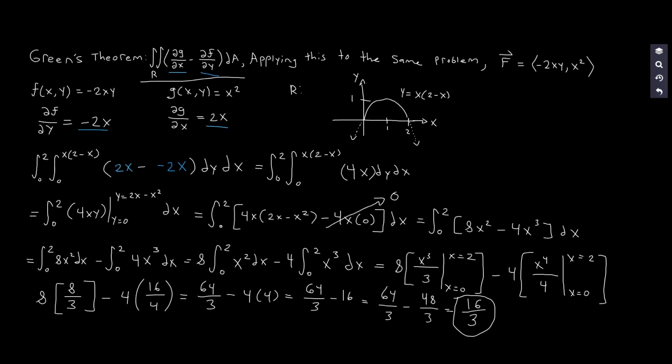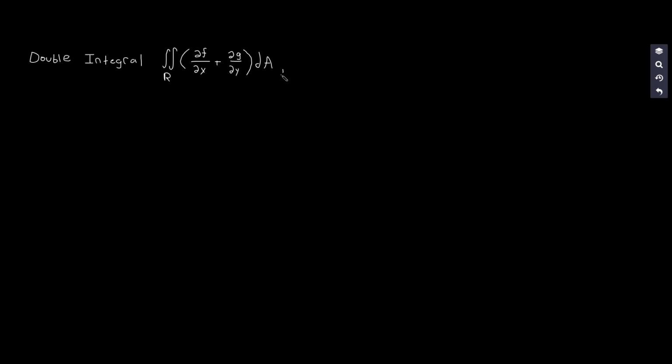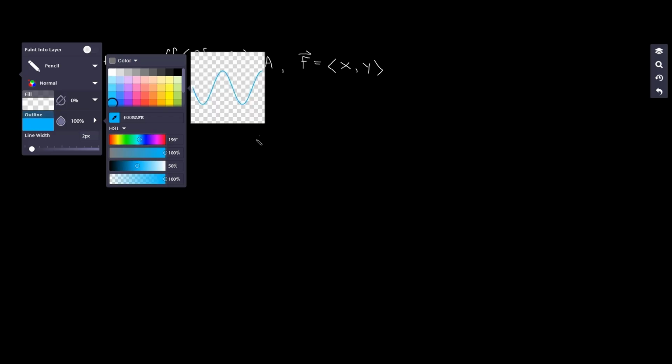Now, the question. Wrong question. The question says vector F equals x and y. So vector F is vector x, y. And we know x and y.